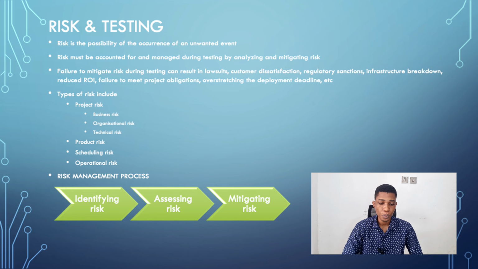So there's also scheduling risk. There are other variants of risk as well, which include scheduling risk, when a project is not efficiently scheduled to meet the deployment deadline. Budget risk, when top management ends up inaccurately estimating the required investment.